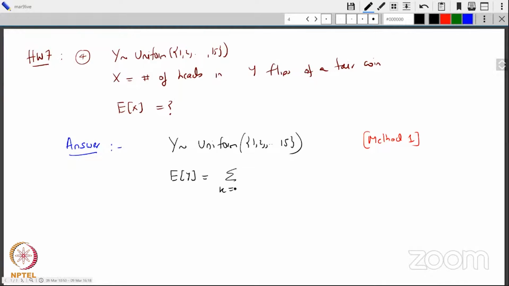Sum from k equal to 1 to 15 of k times probability Y equal to k. But Y is uniform, so this whole thing is the sum from k equal to 1 to 15 of k times 1 by 15. That's the same as 1 by 15 times the sum of k, which is 15 times 16 by 2. So 15 cancels off, and I just get 8.